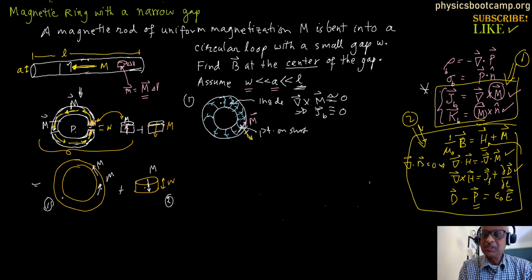So what is the magnitude of that surface current? So you will have M cross N hat, and the surface current, I'm just going to say the direction is shown, will equal KB, will have magnitude M, because they're 90 degrees to each other, and direction as shown.